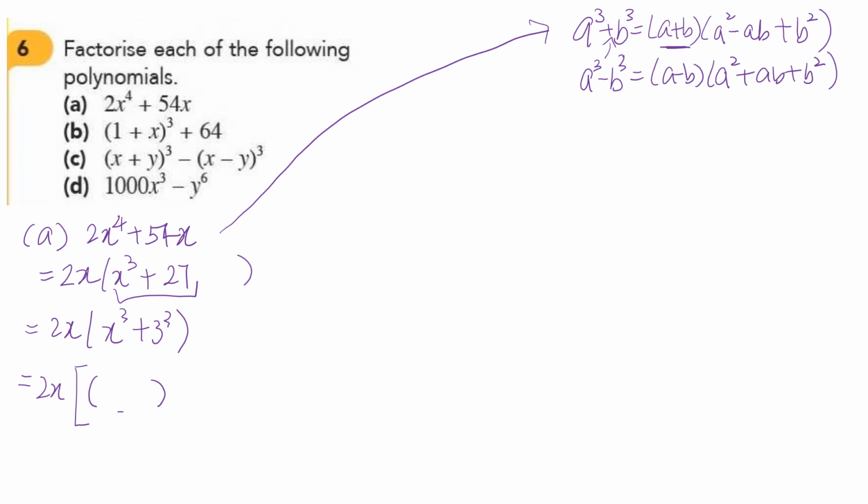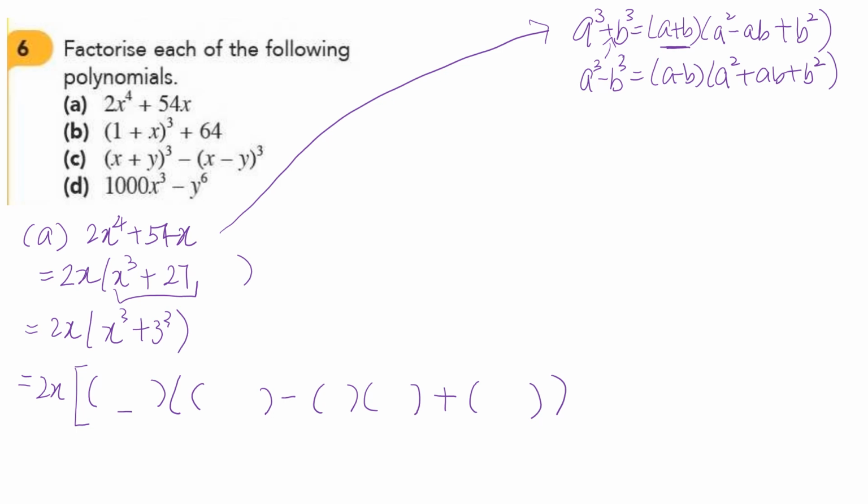This is my first bracket, followed by a huge bracket, and then I need a bracket for a squared, followed by negative, followed by a bracket for a, a bracket for b, followed by plus, and then another bracket for b squared, and then close it up.